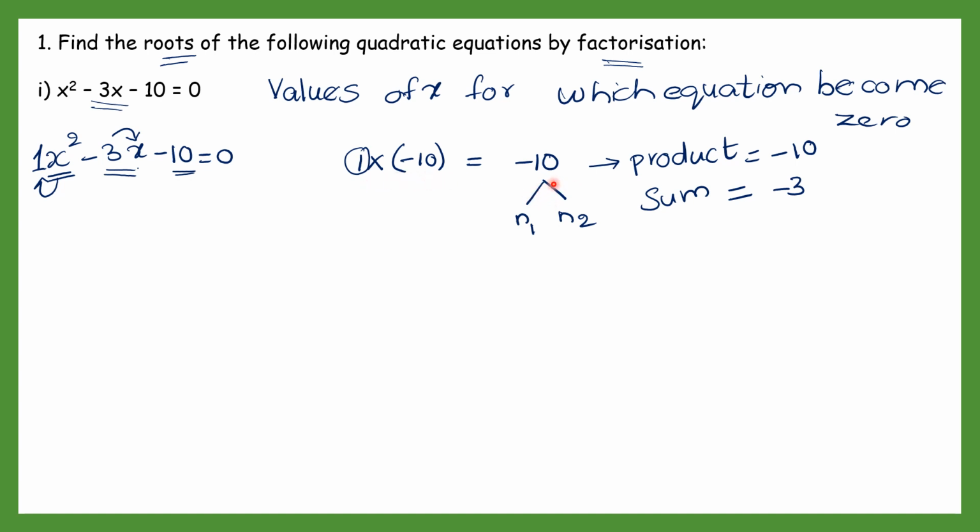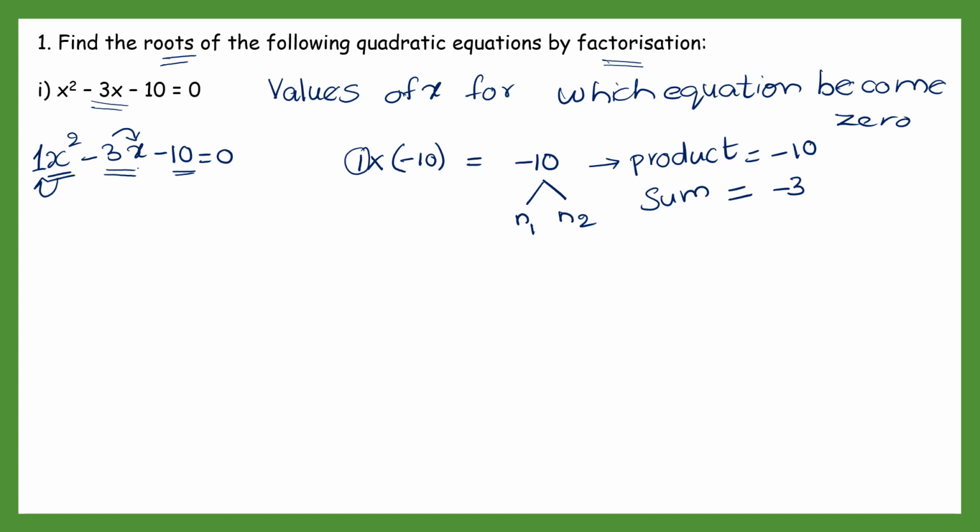Now, you should split this minus 10 into two numbers such that their product should be equal to this result, minus 10, and the sum of the two numbers n1 and n2 should be equal to the coefficient of x, that is the middle term. The middle term here is minus 3x. The x coefficient is minus 3. So the sum of numbers n1 and n2 should be minus 3. In such a way you should split.